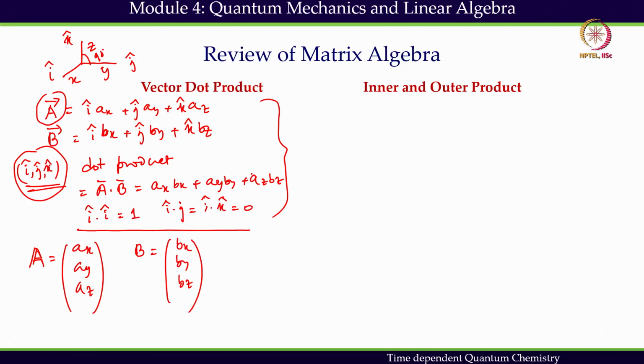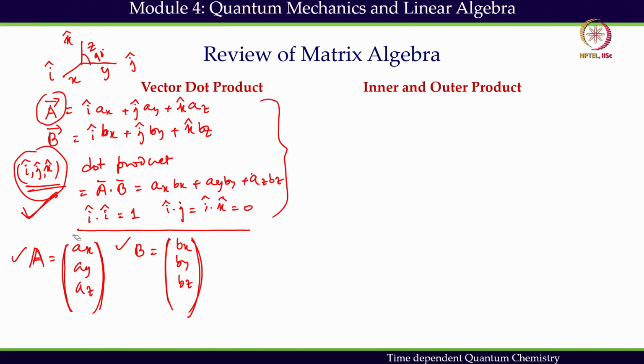But we have to remember that the vectors A and B have been represented using these column matrices with respect to this particular basis. If we change the basis, the value of each element will change.